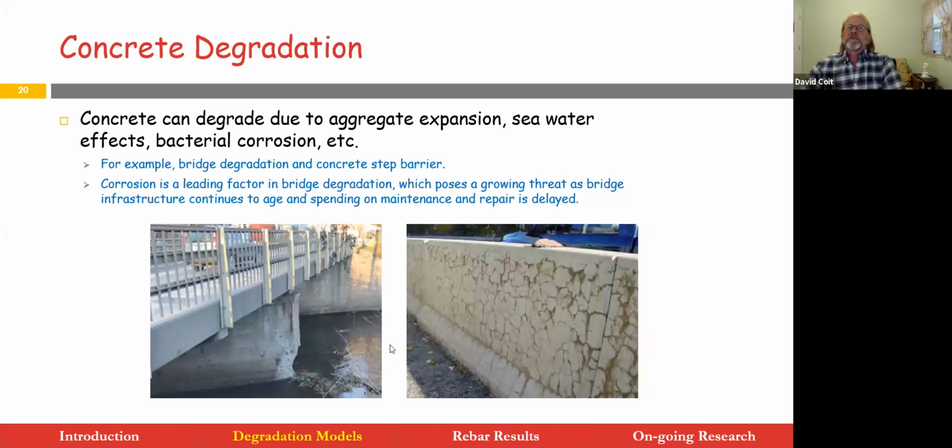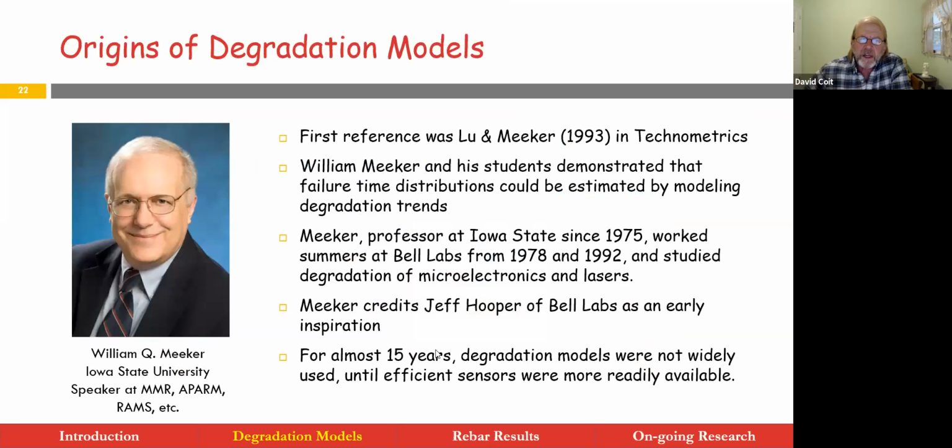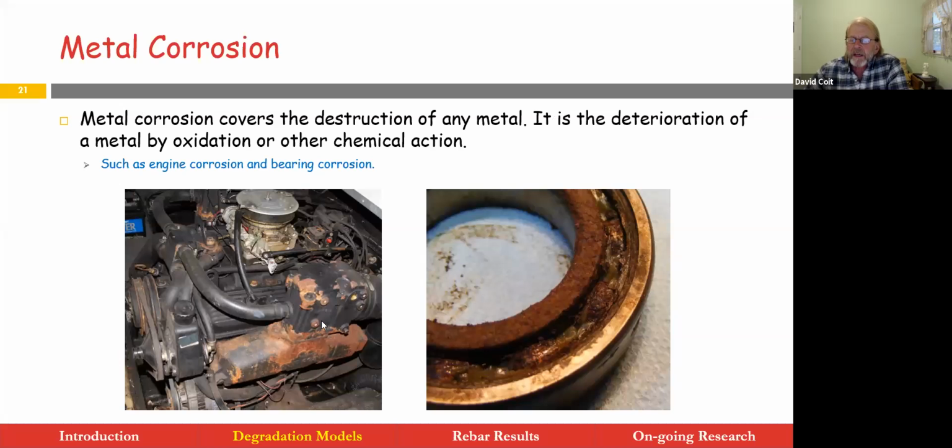Many examples. Many things behave this way. Concrete degradation, but of course, as we're talking about today, metal corrosion, but many other things: fatigue, wear, even illumination degradation, battery degradation. Many things degrade like this, and we can model them.